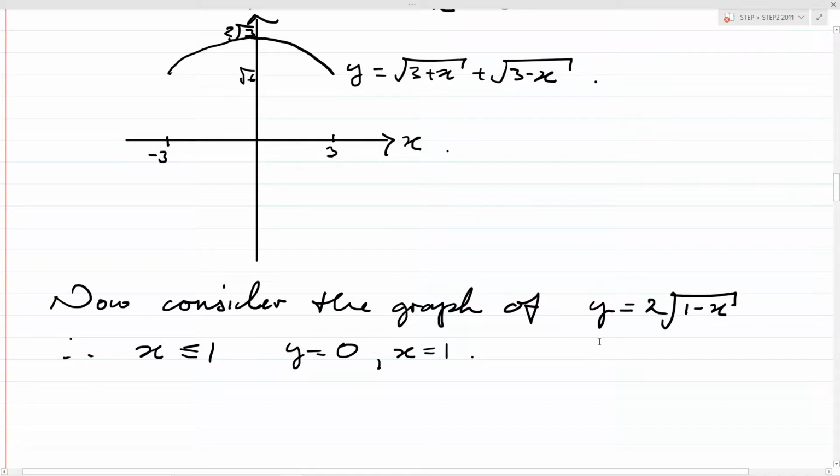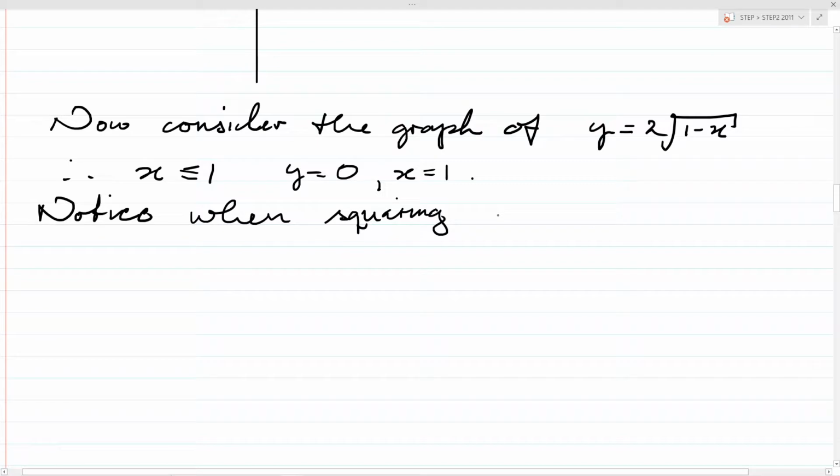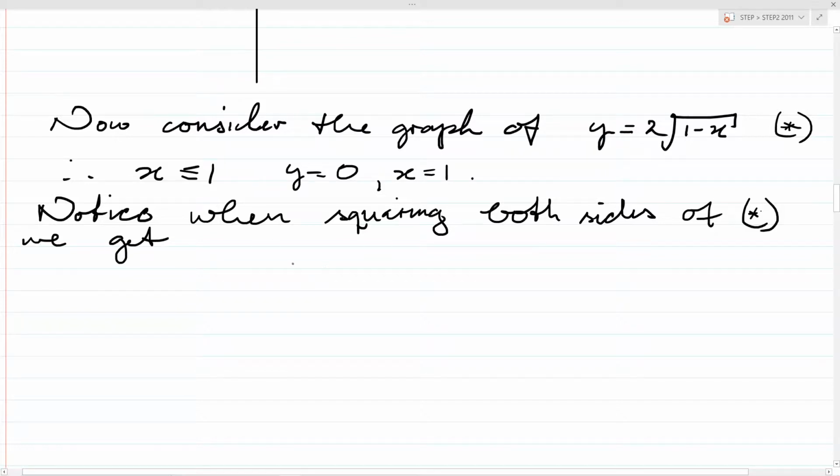If we square both sides of the star equation, we can see that it's a parabola. We get y squared equals 4 times 1 subtract x, that is 4 minus 4x.